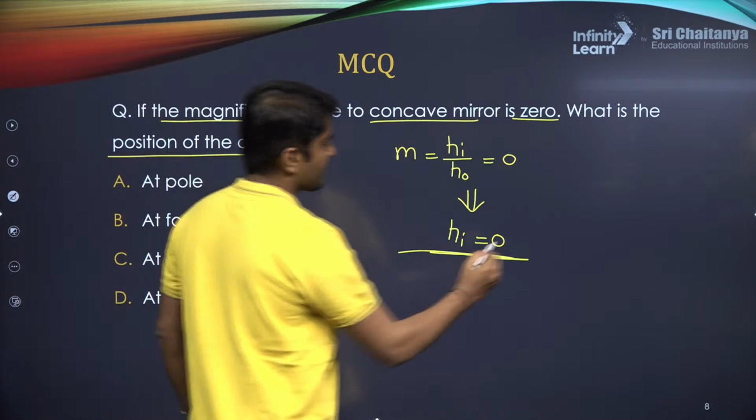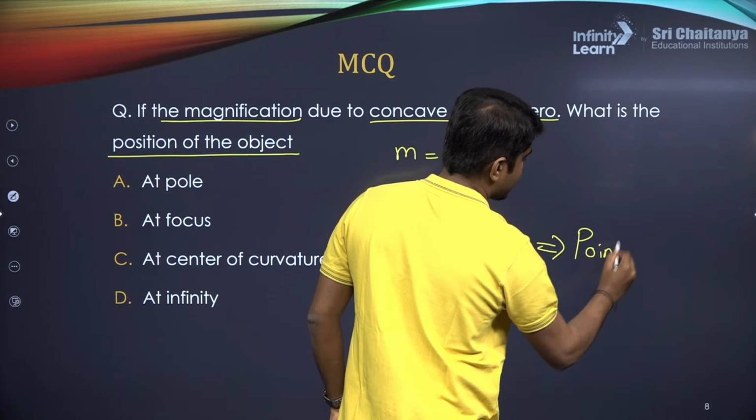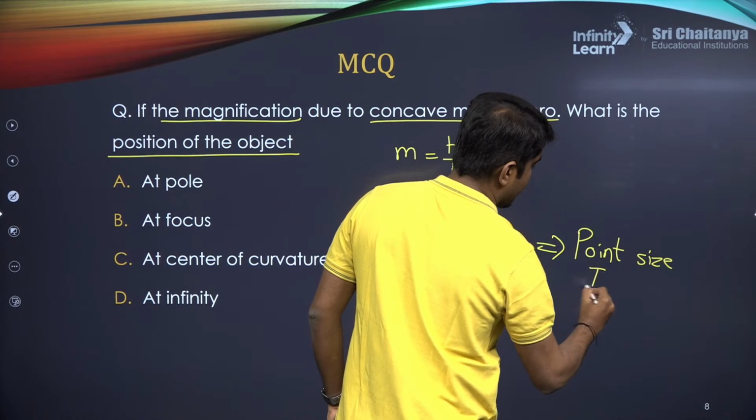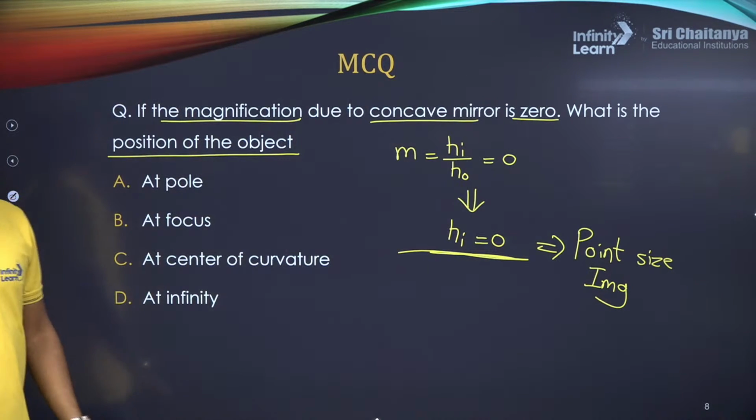दैट मीन्स ये कौन सी इमेज है? पॉइंट साइज इमेज. पॉइंट साइज इमेज आपको कब मिलती है? कब मिलती है बताओ आपको?